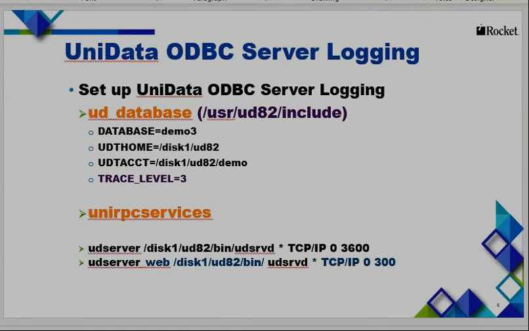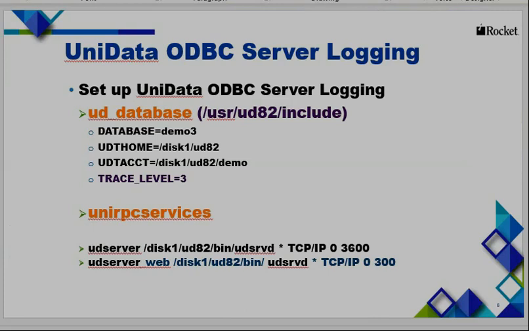By default, each database definition has 4 lines: database name, UDD home, UDD account, and trace label. You can set the trace label to 0, 1, 2, or 3. The maximum number is 3. Same thing for the service name. You can say udserver_web.